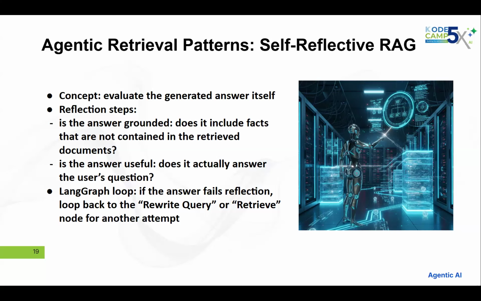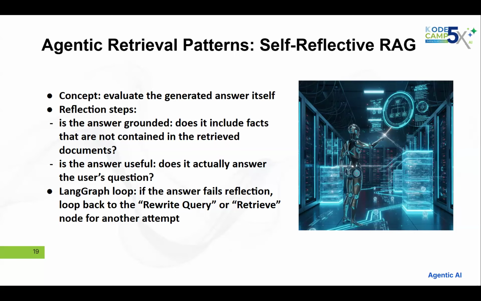And so, is the answer grounded, is it useful, and does it actually address the question? So, if from this evaluation, the agent determines that the answer is grounded in facts, it's not hallucinated, it's useful, it answers the user's question, then it just outputs that.